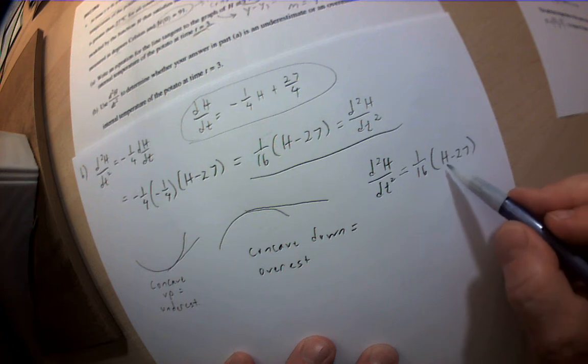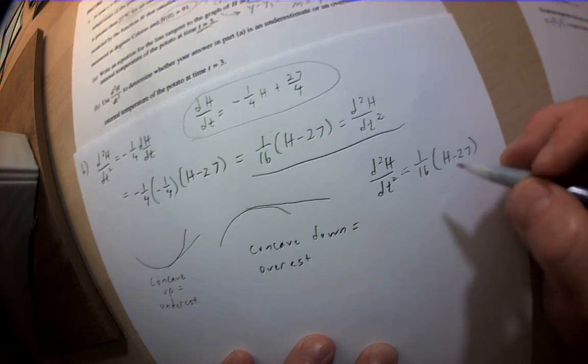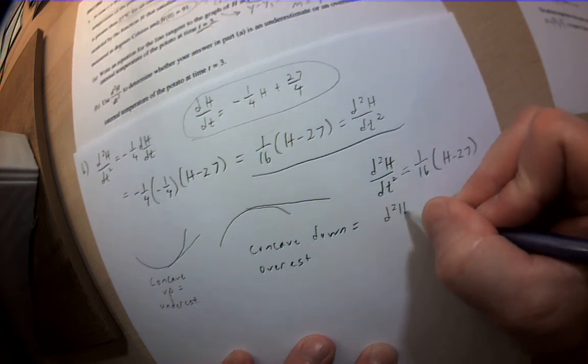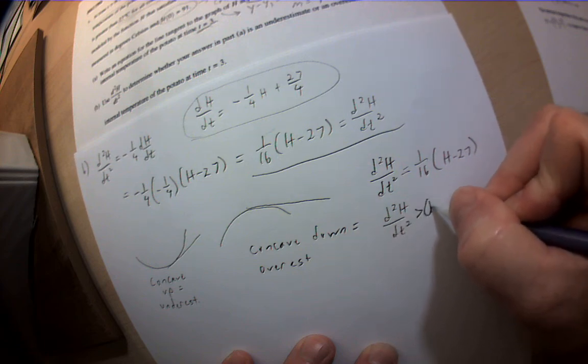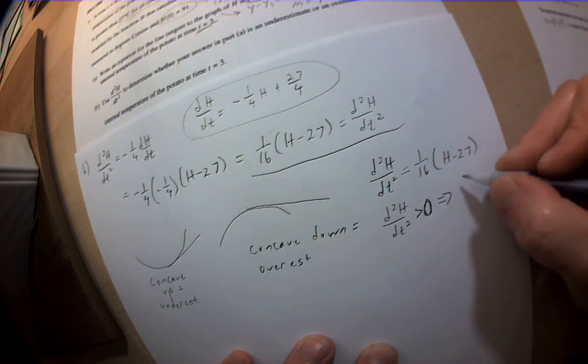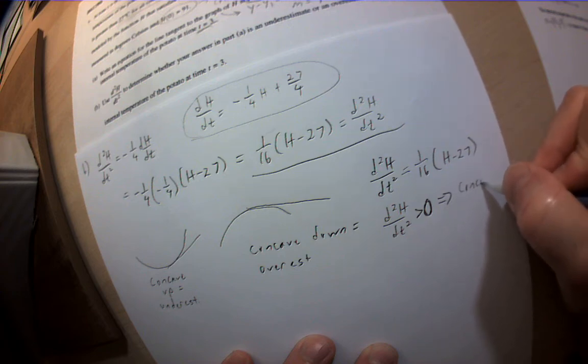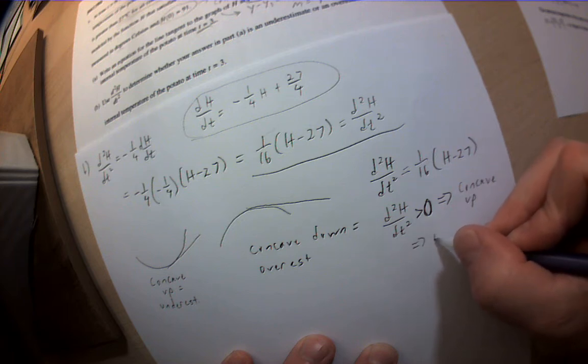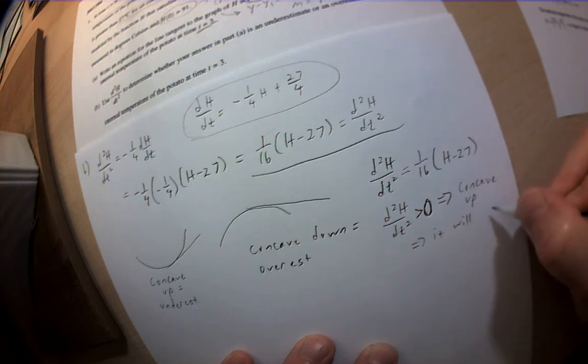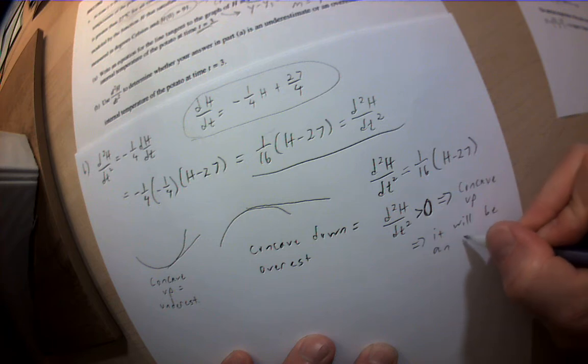H is never going to fall below 27 degrees. This is always going to be positive. So the second derivative of h with respect to time is always greater than 0. Therefore, concave up. Therefore, it will be an underestimate.